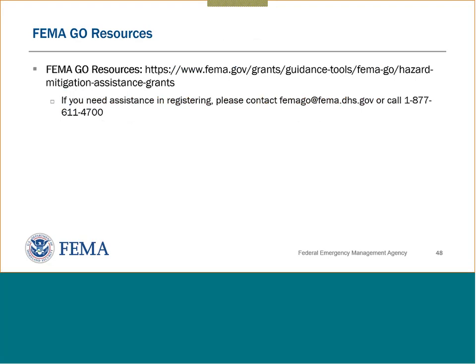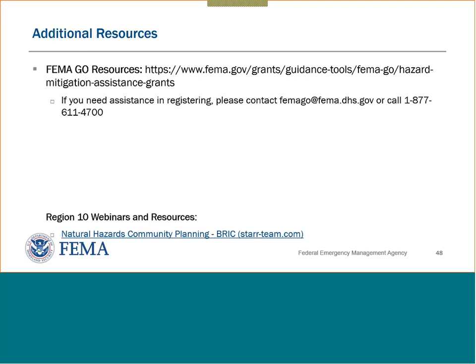So there's a link to FEMA Go and a phone number and email address that you can use if you need assistance with registering to get access to the tool. Next slide, please.